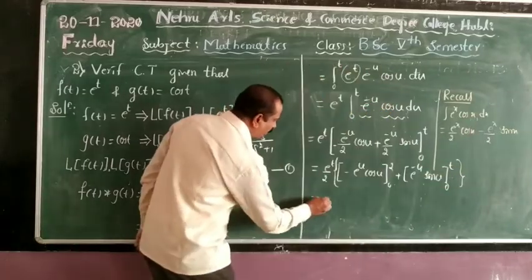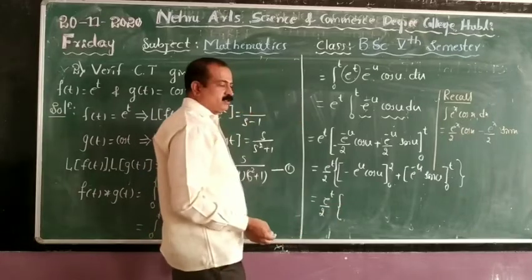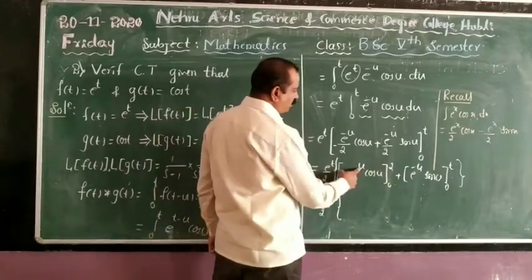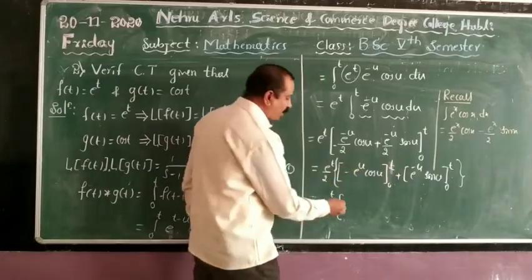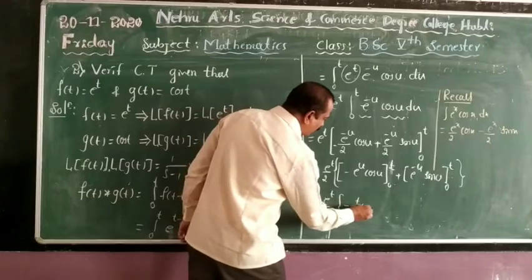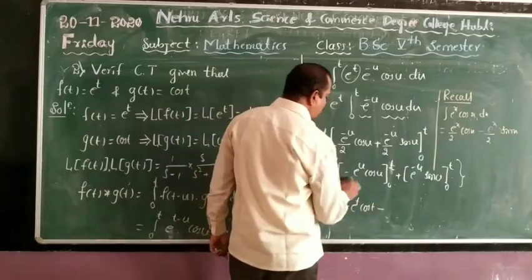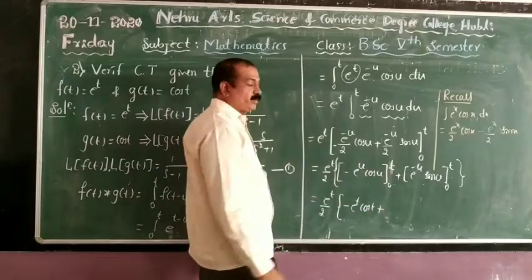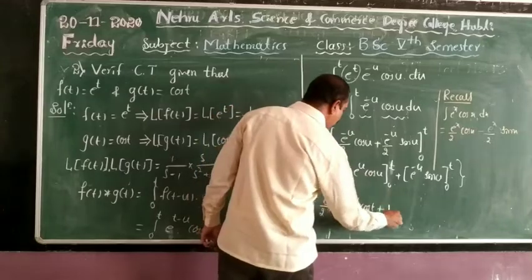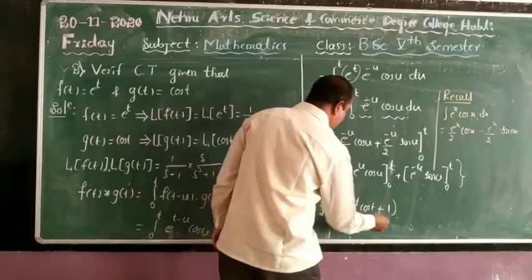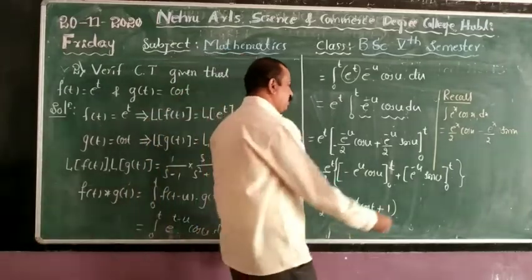Now in place of u put the upper limit and the lower limit: e raised to t by 2 into bracket e raised to minus t into cos t, because u is t, and minus the lower limit 0 has been applied, e raised to 0 is 1 and cos 0 is 1, therefore it is 1, plus over 0 to t of e raised to minus u into sin u.